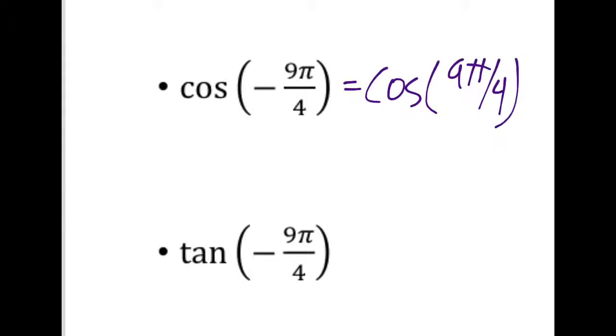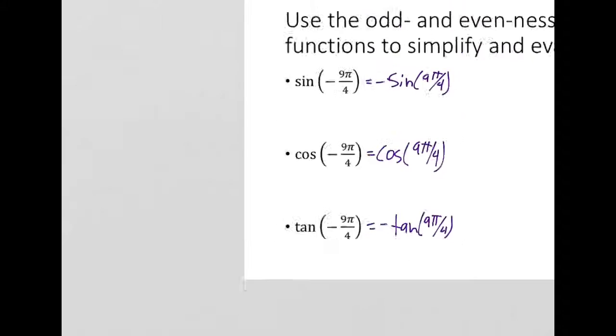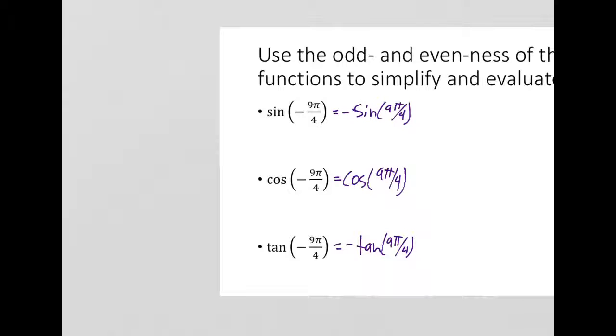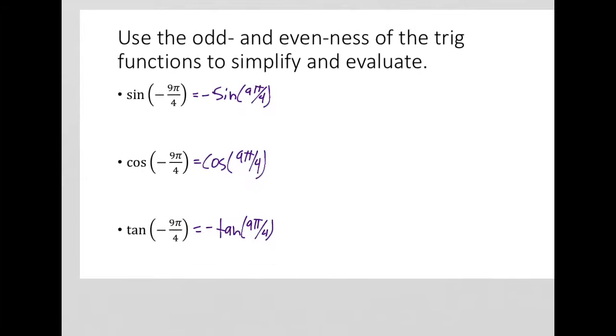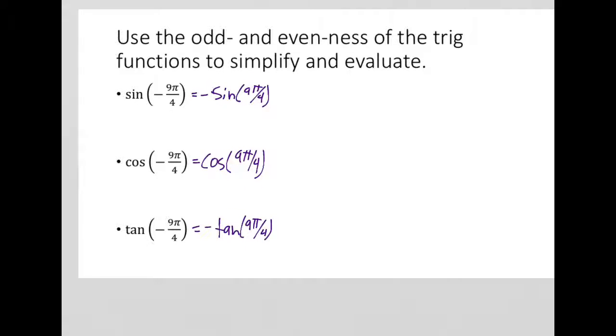And if we had tan of negative 9 pi over 4, we could rewrite that as negative tan of positive 9 pi over 4. You can always simplify it down and pull that negative out of the inside of your function using the evenness and oddness of your function.